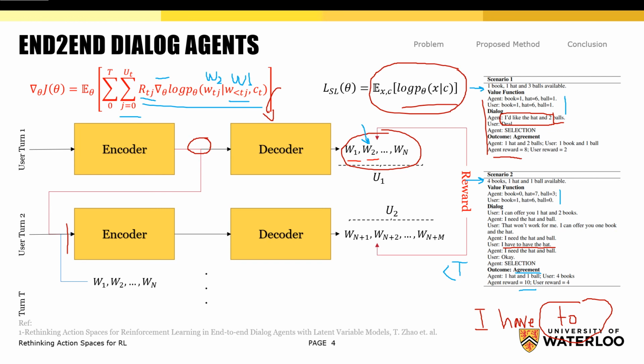But as you can see, this is not necessarily an ideal situation, because there are two major problems at least. First, if you are going to optimize this network at the word level, then you have to consider that the number of words in human language is very large. Let's say that we just consider the 50,000 most probable words in this problem, then your action space is still going to be very large.